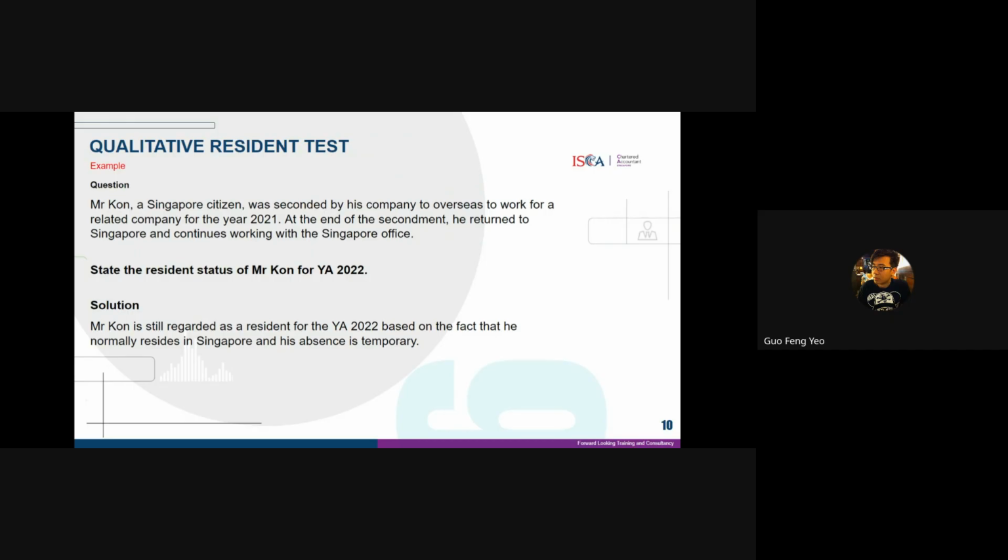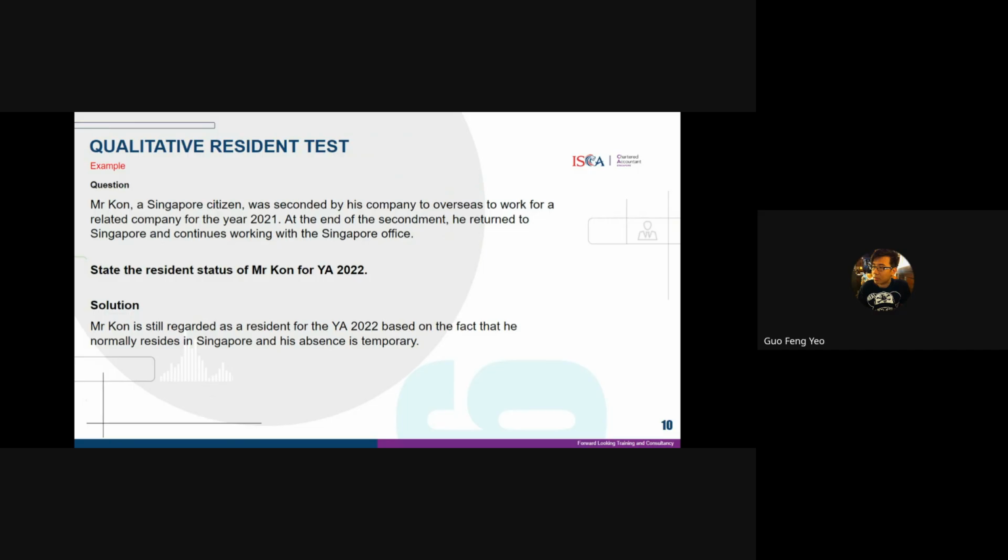Mr. Korn, a Singapore citizen, was seconded by his company overseas to work for a related company for the year 2021. At the end of the secondment, he returned to Singapore and continues working with the Singapore office. State the resident status of Mr. Korn for YA 2022.